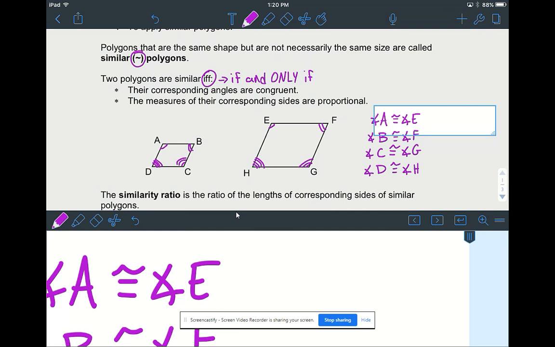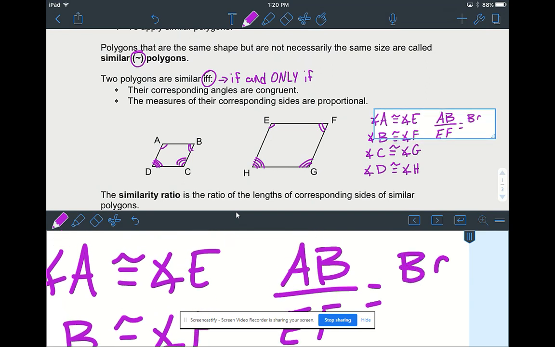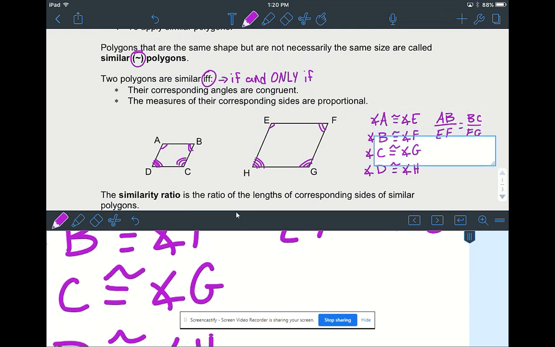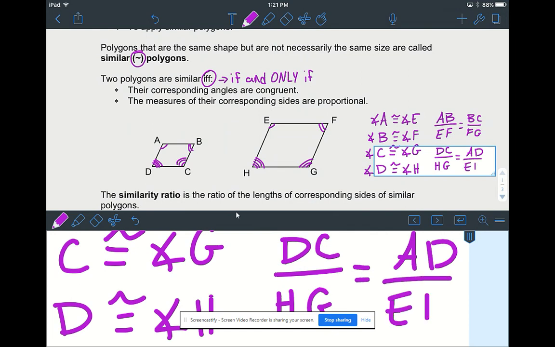So what that basically means is AB has to be proportional to EF, which has to be the same as BC and FG being proportional. And DC has to be proportional to HG. And then AD has to be proportional to EH.